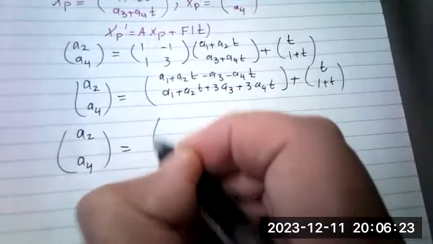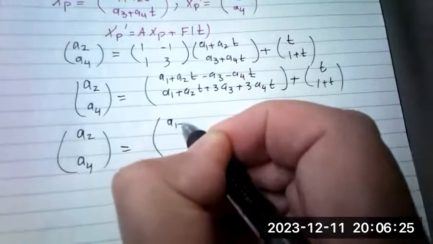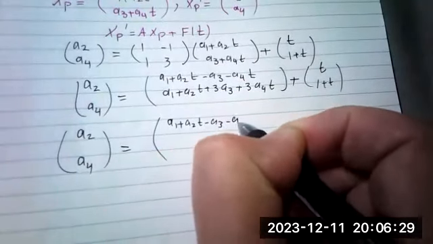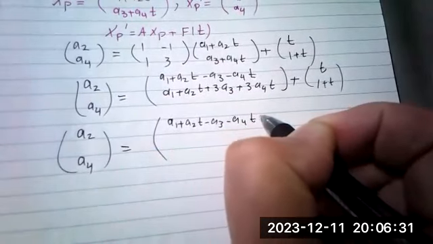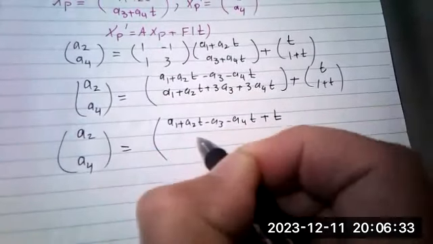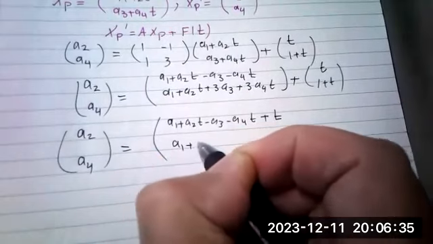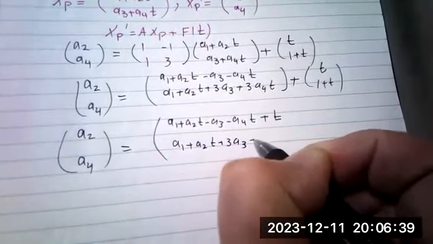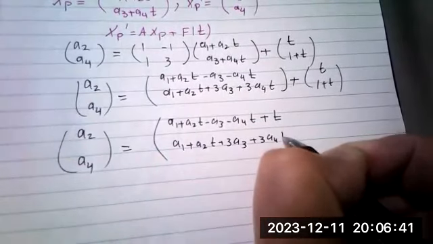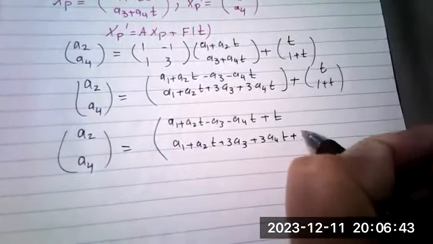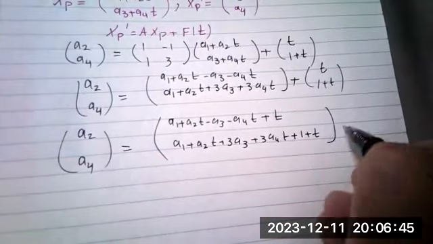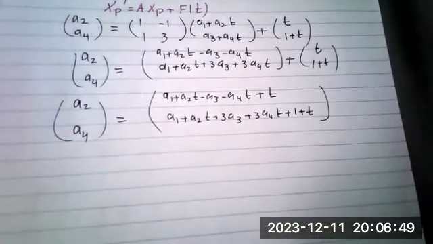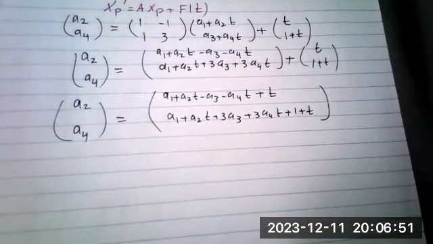Put these together, so you have A1, A2T minus A3 minus A4T plus T. And for the second part, we get A1, A2T plus 3A3 plus 3A4T, plus 1 plus T. That's it. So let the interest be equal to each other.